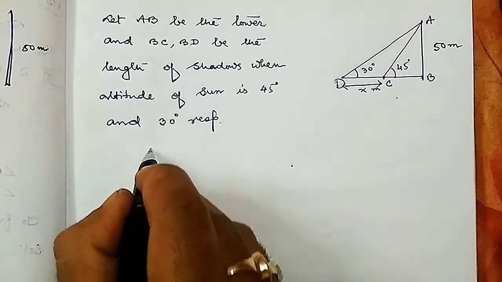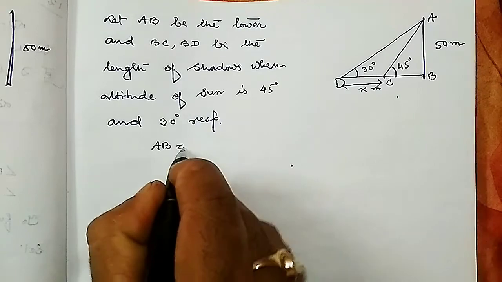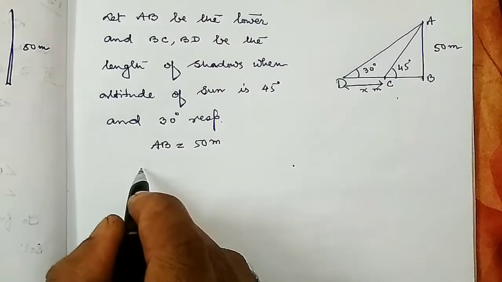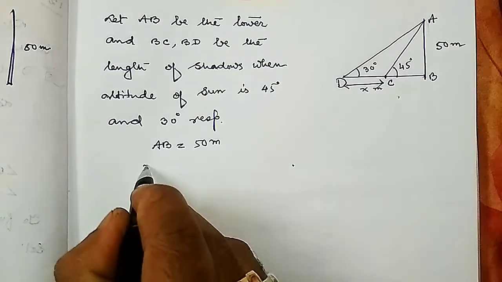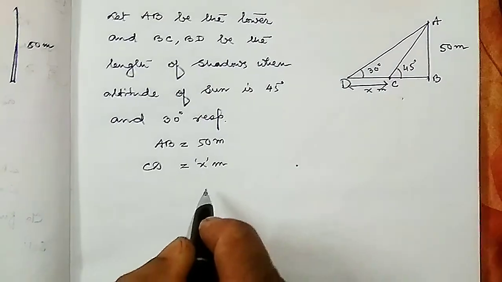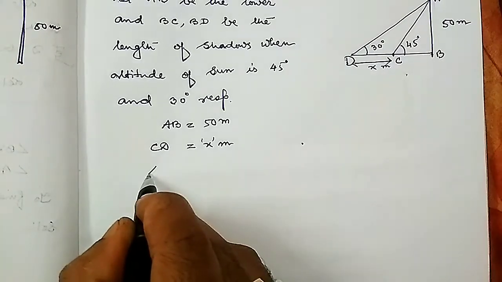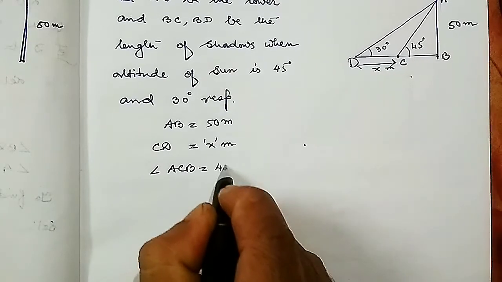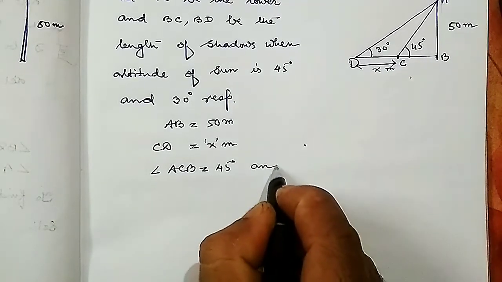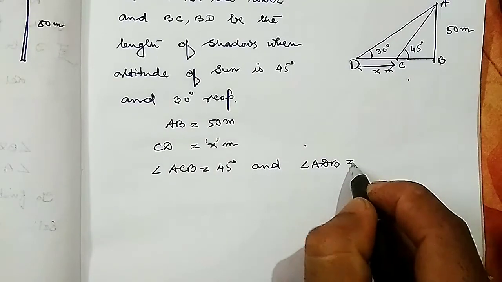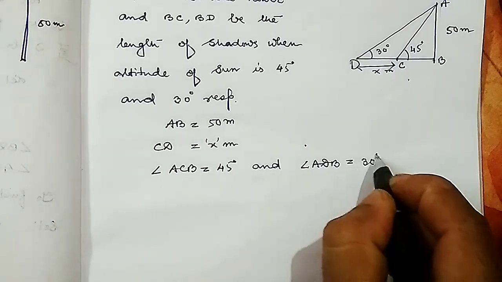Okay, so here AB equals 50 meter, this part is 50, CD equals x meter, it is given in the question. Angle ACB equals 45 degrees and angle ADB equals 30 degrees.